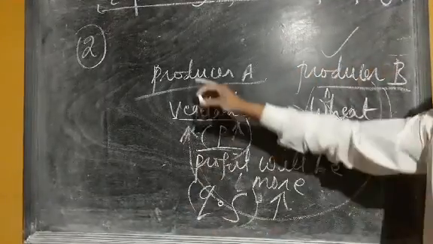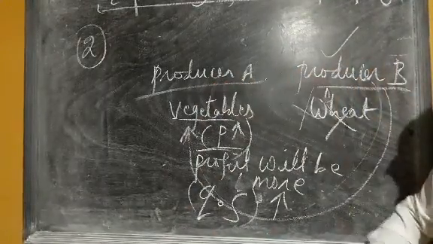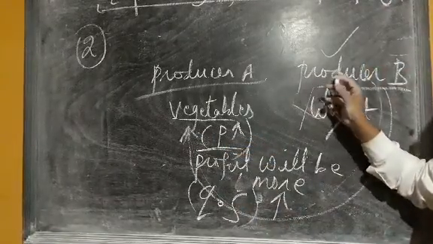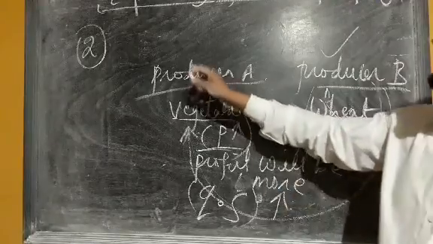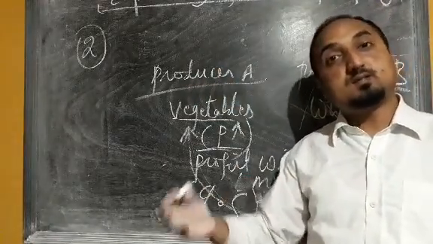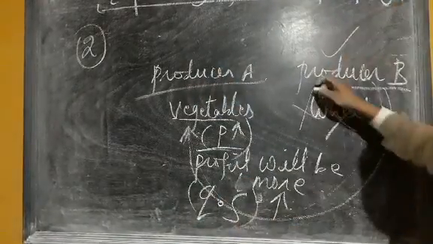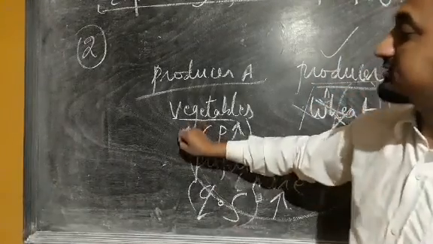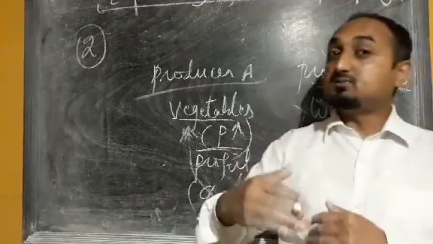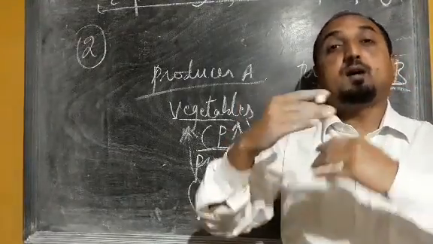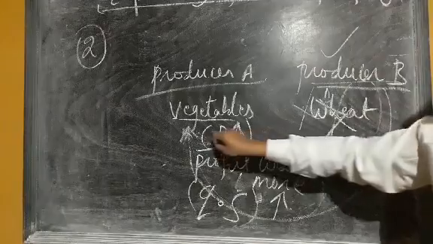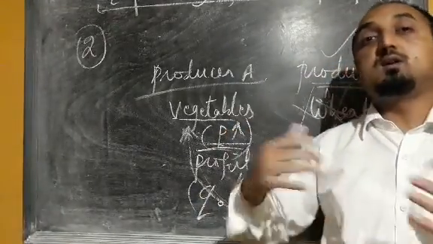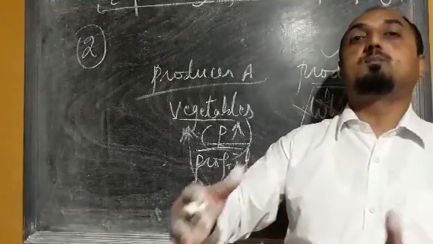Here I have taken two examples, producer A and producer B. If the price of vegetables is very high in the market, then when producer B sees that producer A is producing vegetables and earning more profit, producer B will also stop producing wheat and shift to the production of vegetables, because the price is high, and when price is high, the profit margin is more, and the quantity supplied by producer B will also increase. So in this way the quantity supplied will increase.